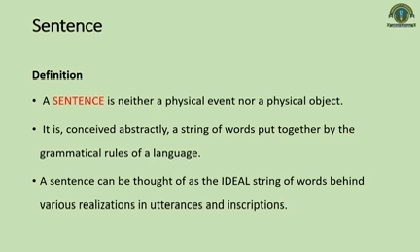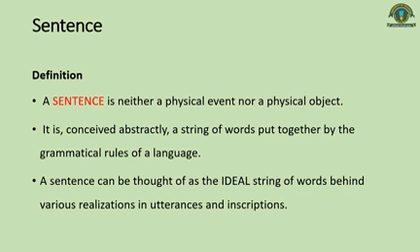So, we can define a sentence. A sentence is neither a physical event nor a physical object. It is conceived abstractly. This is the characteristic of a sentence, that it is abstract. It is not physically realized.